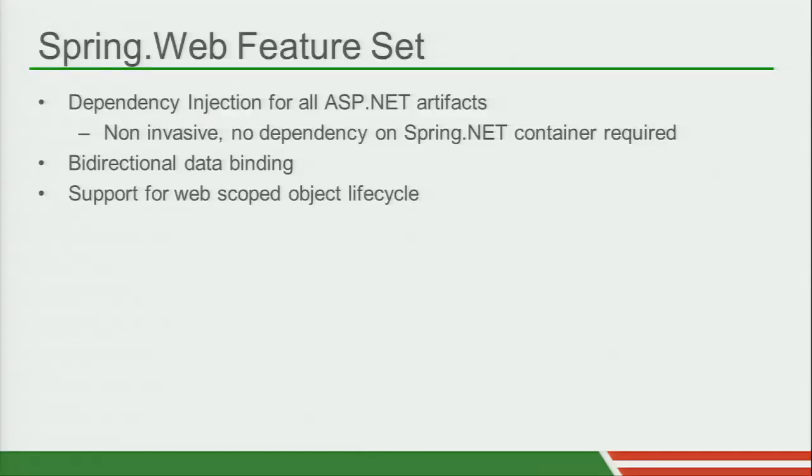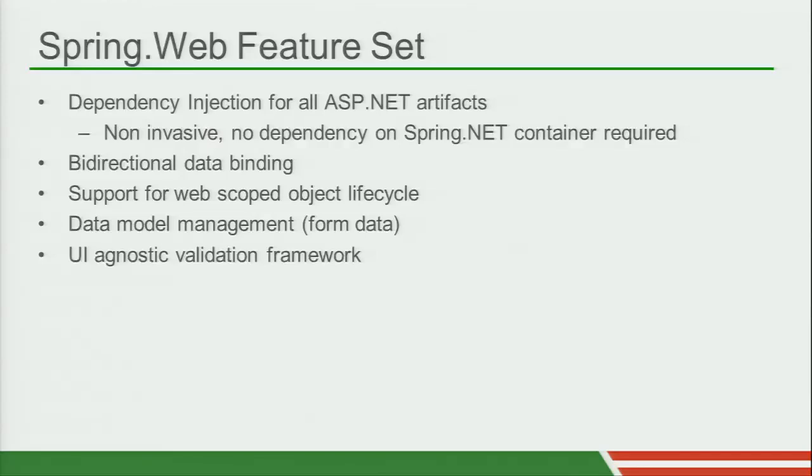We also, as I mentioned earlier, support web-scoped object lifecycles, so session, request, those kinds of things. We have data model management for form data. So the idea of having a model that represents the form data as an object that data gets bound to. I mentioned earlier the UI agnostic validation framework. That comes into play here.